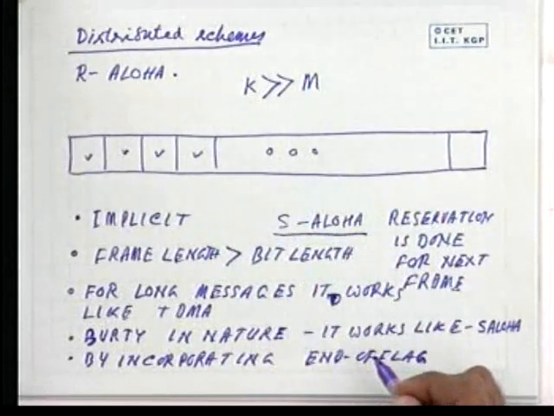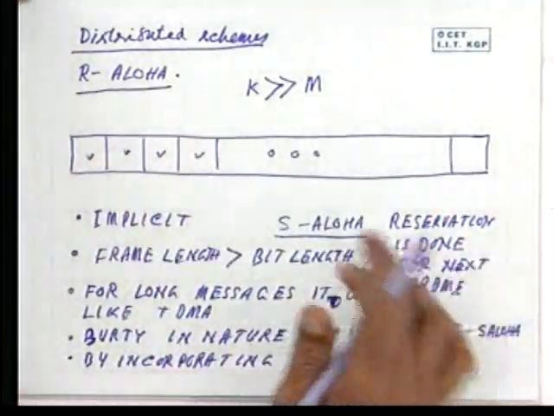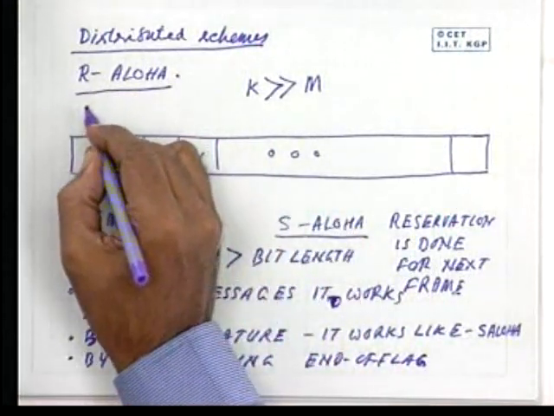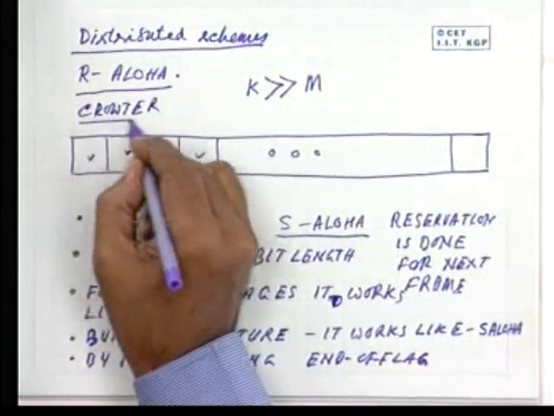By looking at that, other stations will know that this is the last packet of that particular station. Accordingly, in the next time frame, another station can try to reserve it by using S Aloha again. So this is how this reservation Aloha based scheme works. It was proposed by Crowther and his associates. Subsequently, other techniques have been proposed. Let us consider the other approaches.